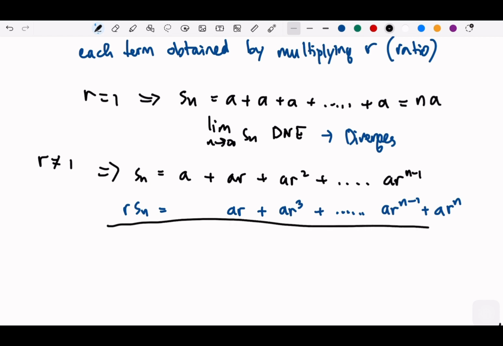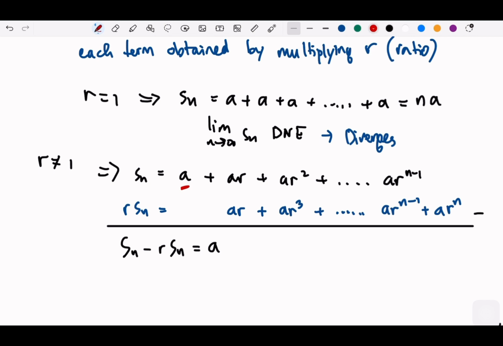So he subtracted all of it, Sn minus r Sn equals a, so we write a here, and all of the terms in between will be cancelled.